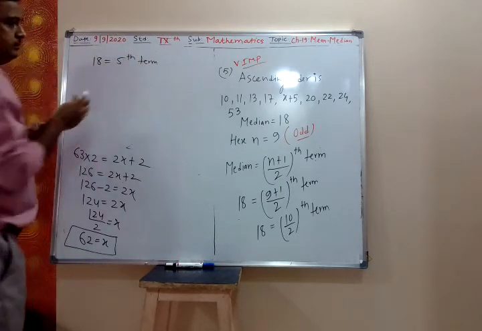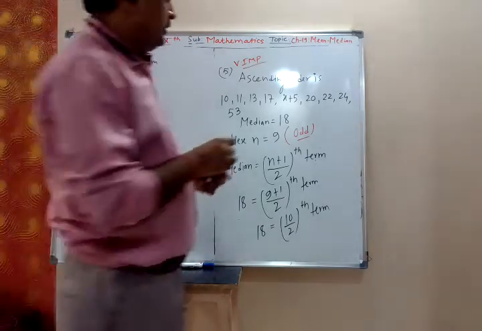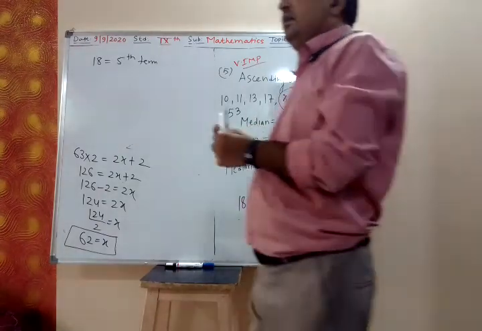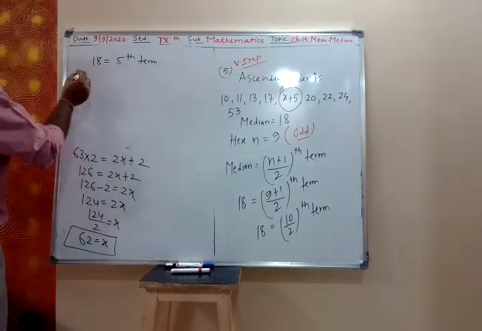But what is my fifth term? 1, 2, 3, 4, 5. x plus 5. So you will get 18 is equal to x plus 5.